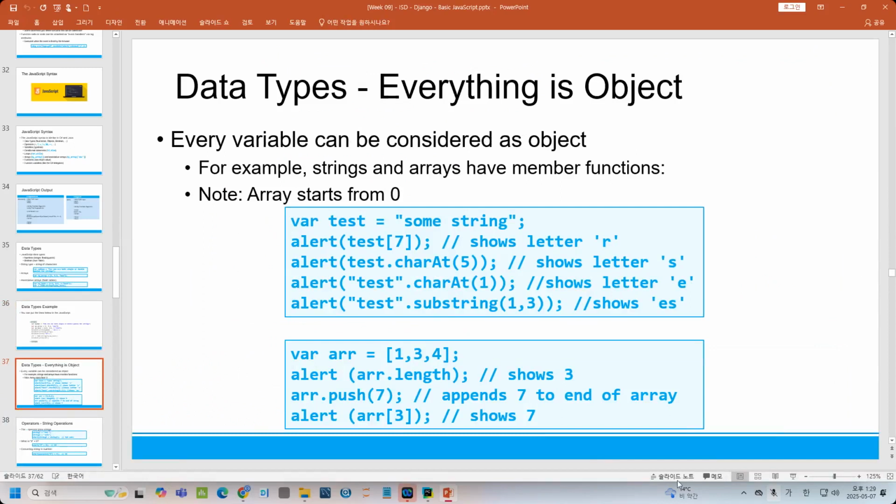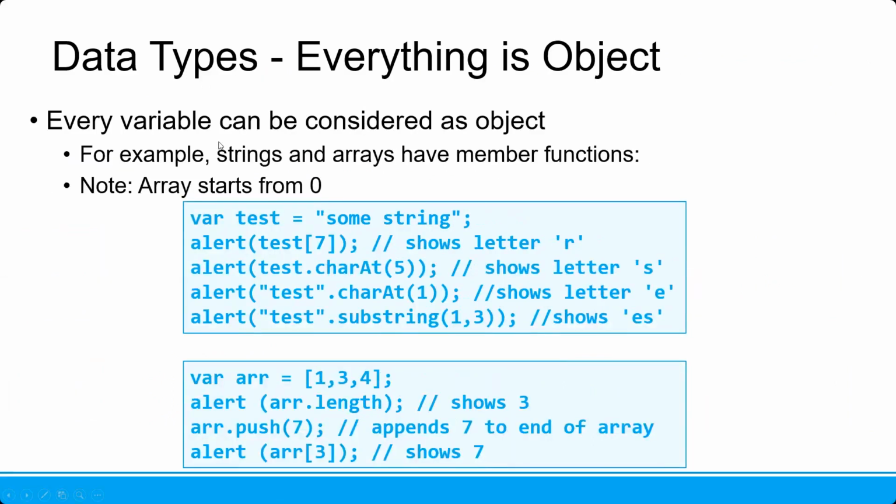So data types, yeah. Whenever you create a data type or whenever you create a value in a variable, everything is an object. So every variable can be considered as an object. For example, strings and arrays have member functions.